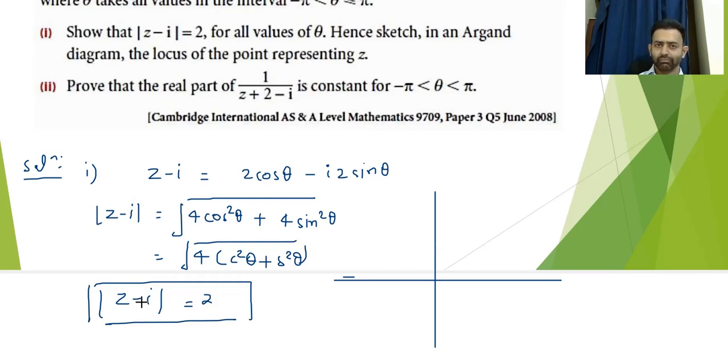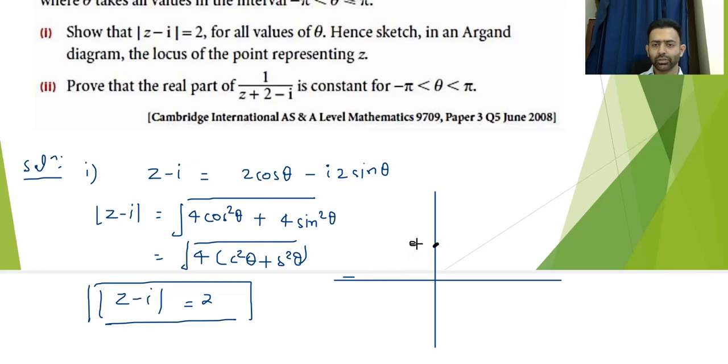In the introductory video of this modulus, or the set of points in an Argand plane, when I was introducing this equation, z minus any complex number mod is equal to some radius, I mentioned that it can be only a real part, and it can be only an imaginary part. So here is the case where the center is just a point which is lying on the y-axis, its real part is 0.